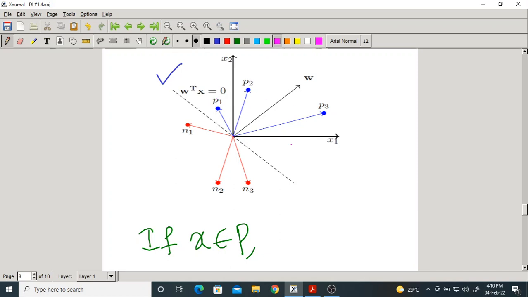P1, P2, P3 are positive inputs, N1 and N2 are negative inputs. They are shown in blue and red colors respectively.